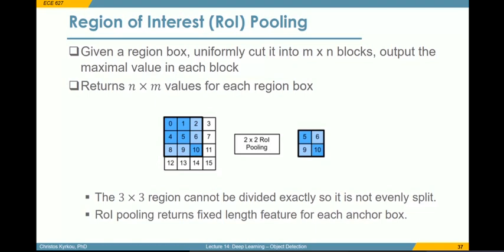So here we see in different colors the different blocks that are formed and the corresponding output, which is the maximum of that particular block. If the region is not possible to be divided into n by m equal blocks, then we essentially just shrink some of the areas so that they have fewer values to choose from. But the output is always the same size.